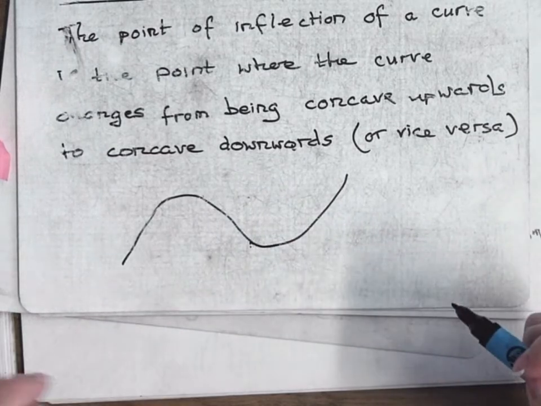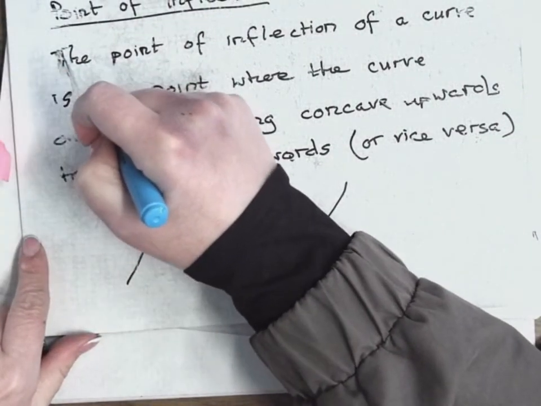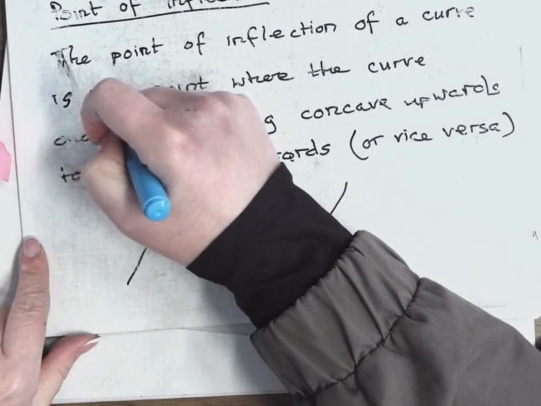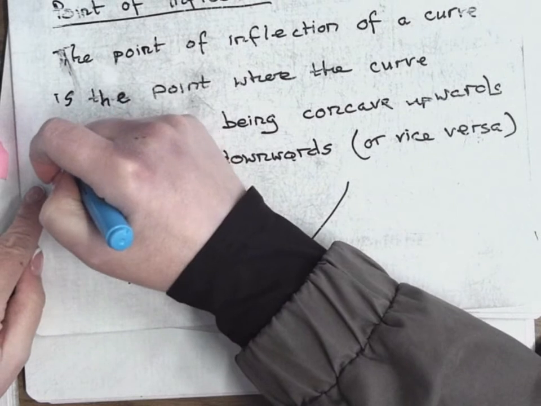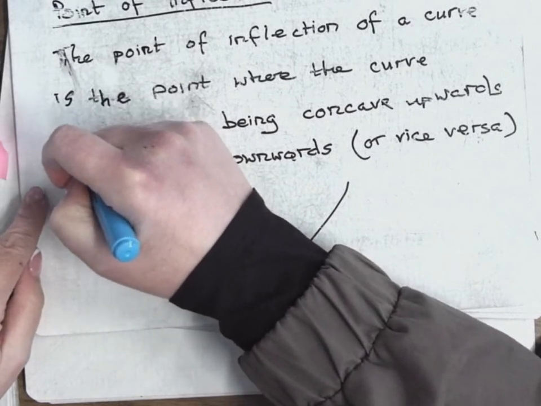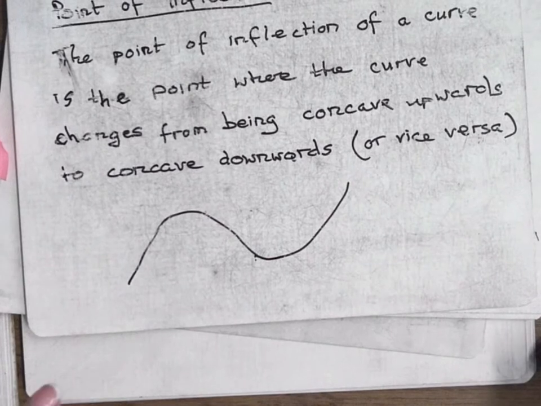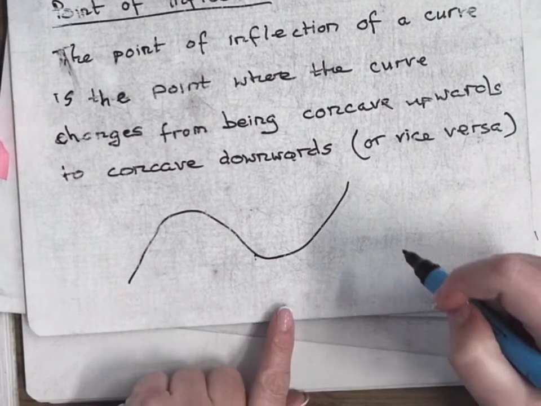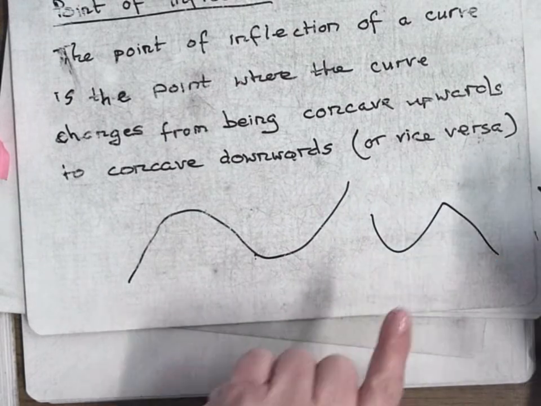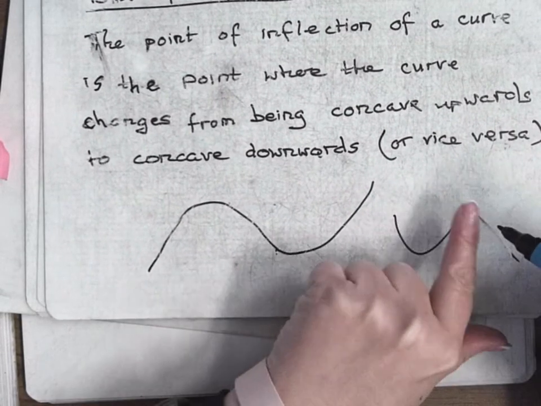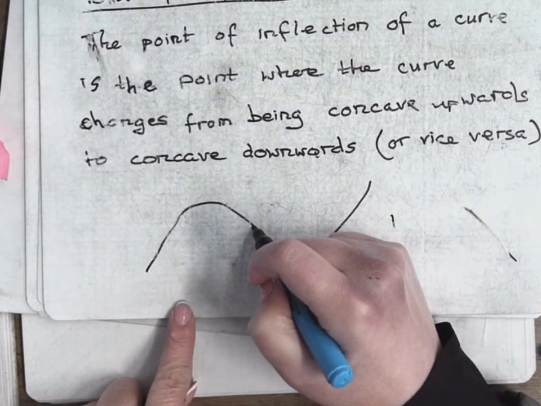So the point of inflection of a curve is the point where the curve changes from being concave upwards to concave downwards, or vice versa, as in it could be the other way as well, something like that. So the point of inflection would be here.